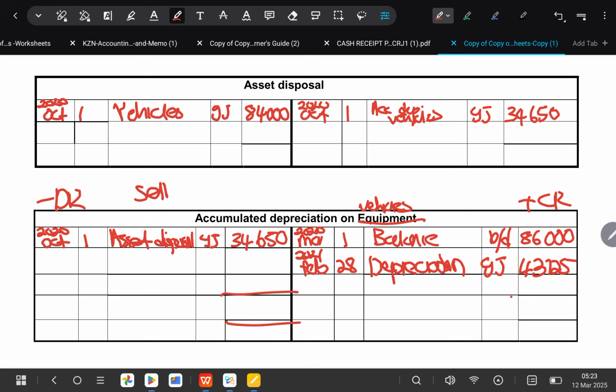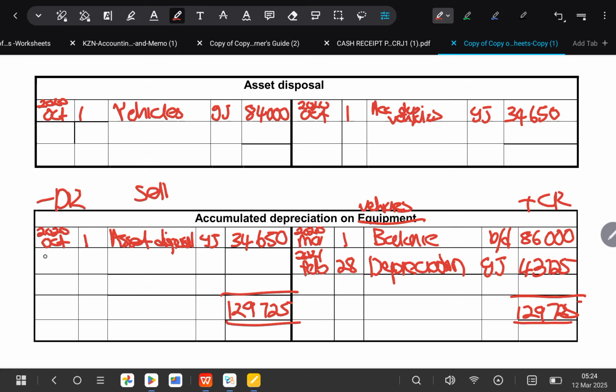So remember, the bigger side will be the credit side. So if you say 86,000 plus 43,725, it's going to give you 129,725, and then we'll also have 129,725. Okay, and then when we take this 129,725 and then we subtract 34,650, it is going to give us 95,075.